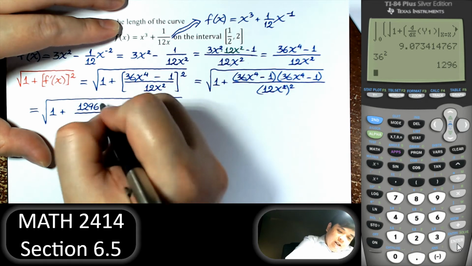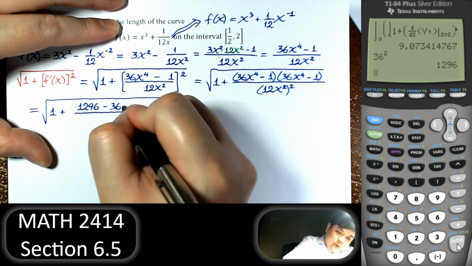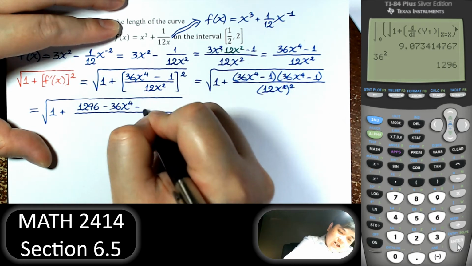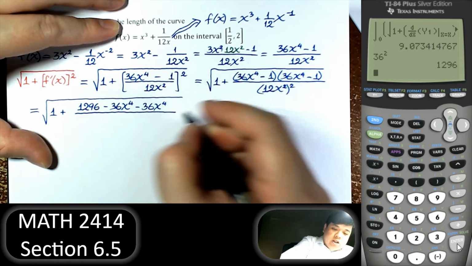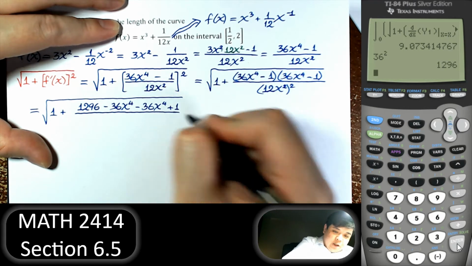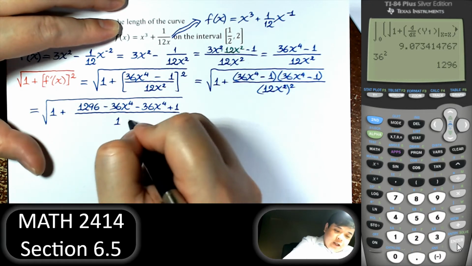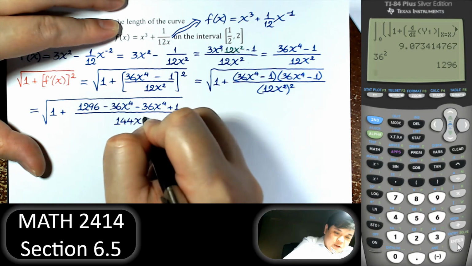1296 x to the 8th, minus 36x to the fourth, minus 36x to the fourth, and minus 1 times minus 1 is plus 1, all over 144x to the fourth.